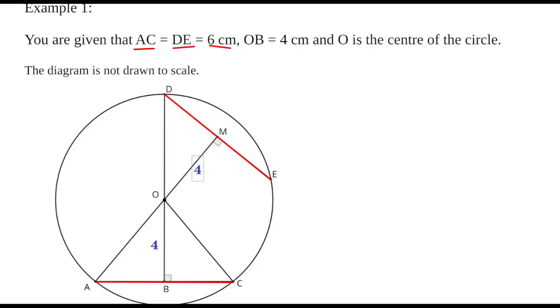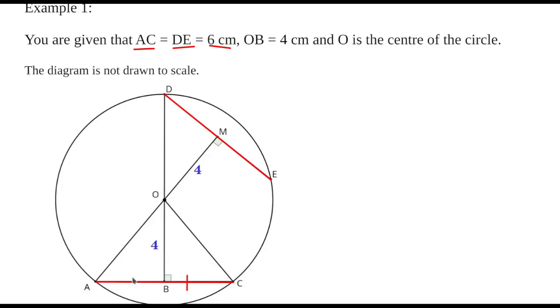Now check something else. AC is equal to 6. We are seeing 90 degrees here. What does this 90 degrees tell us? It tells us that this is the midpoint, a line drawn from the center and being perpendicular to a chord actually bisects the chord.